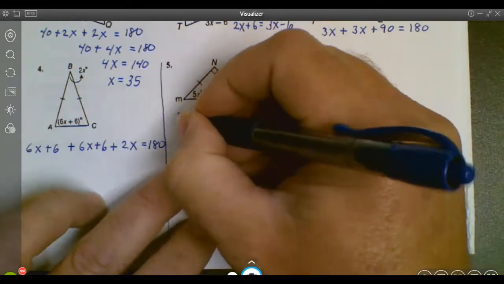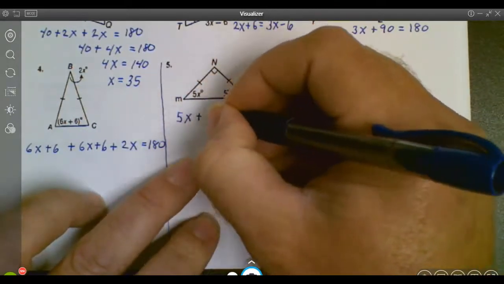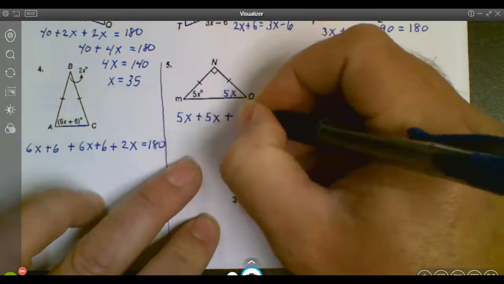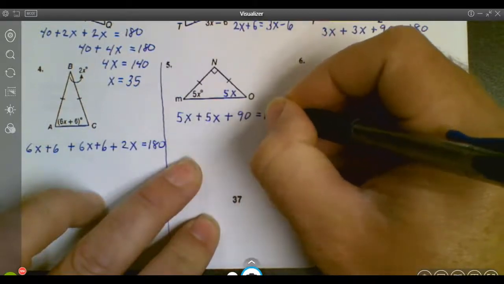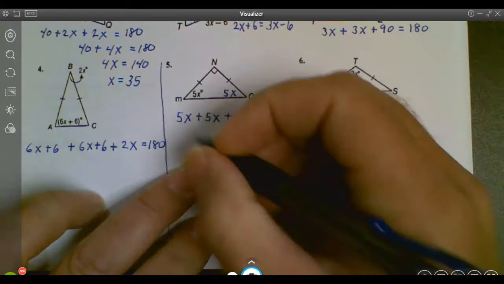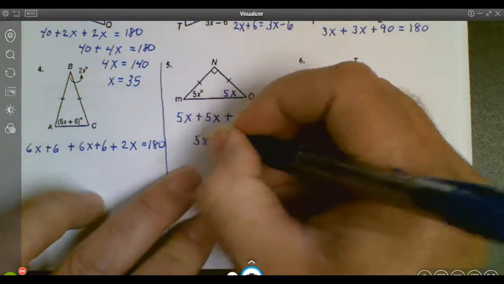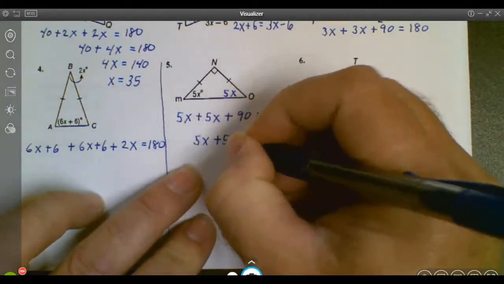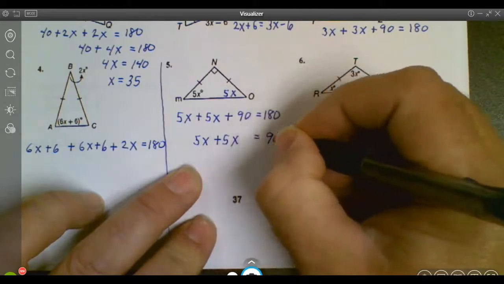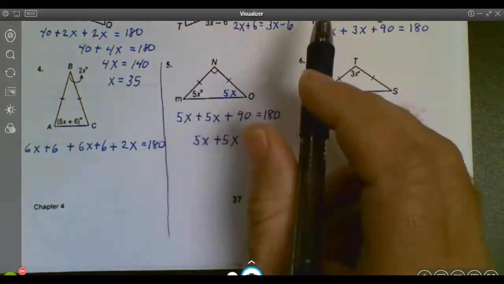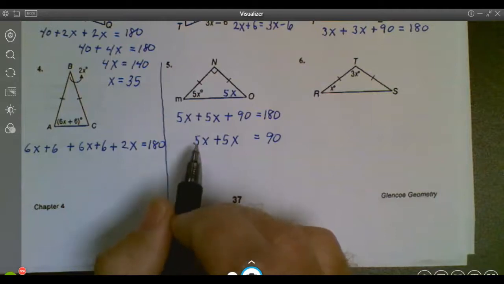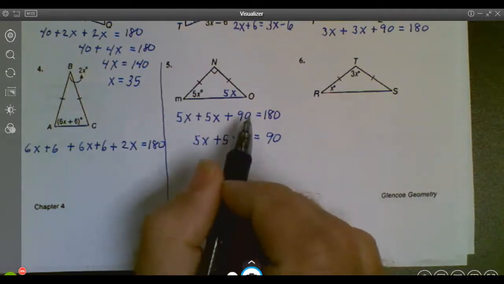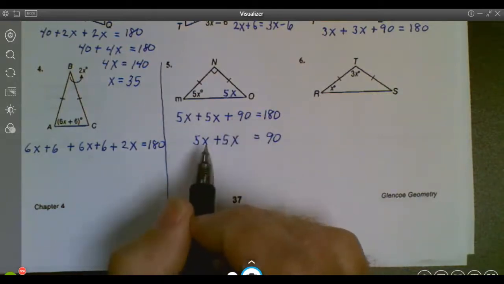And if you want to start there, that's fine. But remember, there is a shortcut to this. I could have said that 5x plus 5x equals 90 as my first line, knowing the shortcut that we talked about up above. Even if you did not start here, that's okay. You're going to subtract 90, and you're going to get to this line as your next line.